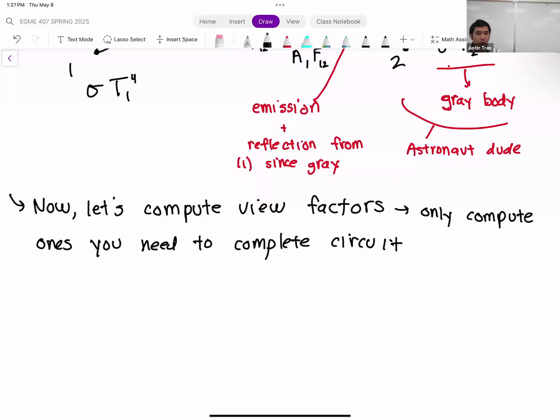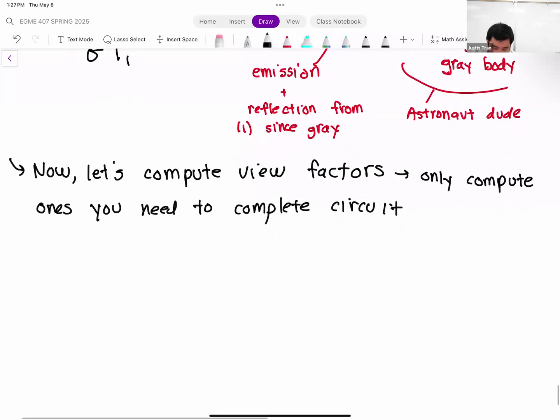Because in reality, every combination of different surfaces has a view factor, right? If you were to compute all of them, you would need F12, F1 infinity, F21, F2 infinity, then F infinity 1, F infinity 2, okay? So technically there are 6 view factors in this problem, but we only need 3 of them.